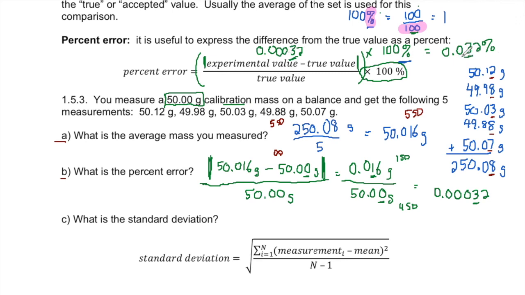So this is 0.032%, and we'll go ahead and now round it down to 0.03% to take care of the significant digit and the uncertainty. So our percent error is 0.03%. So this is a pretty good balance. It's not very far off at all. Way less than 1%, even less than 0.1%.